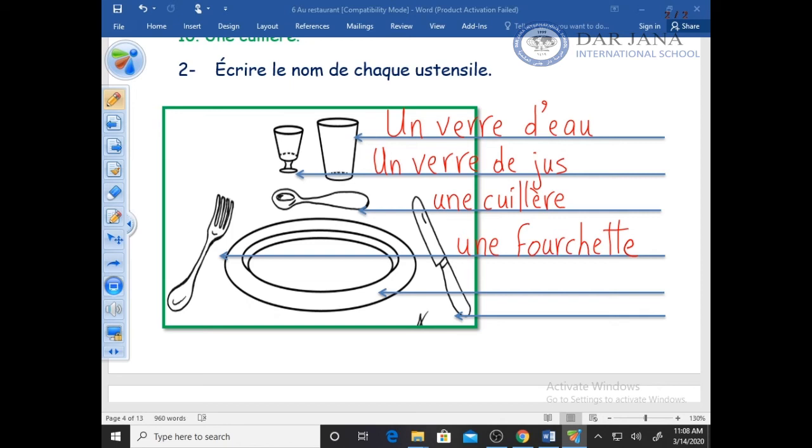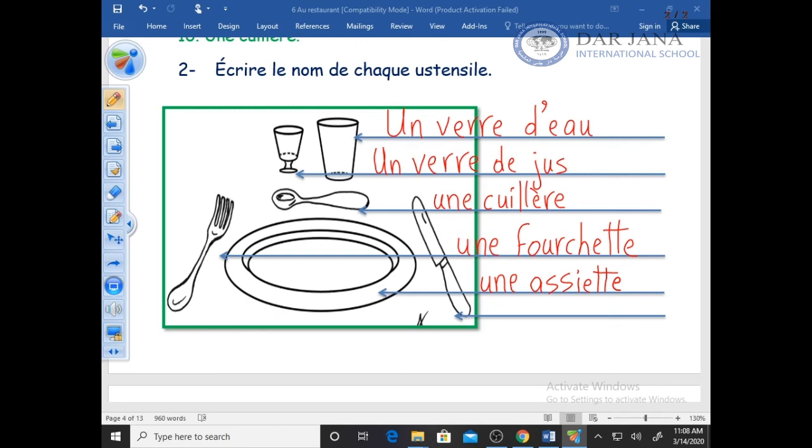A plate, here we have a plate, so a plate in French is une assiette. Alors, on écrit une assiette. Or we can also say un plat. So, on peut dire une assiette or un plat.